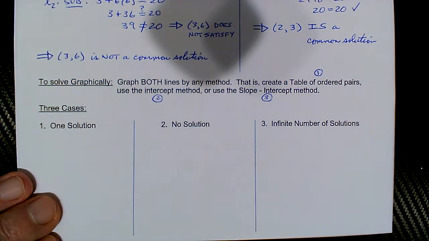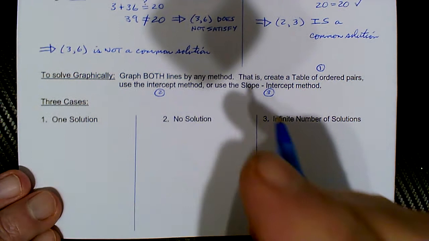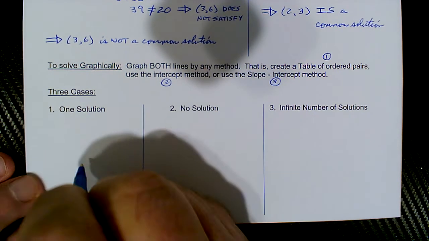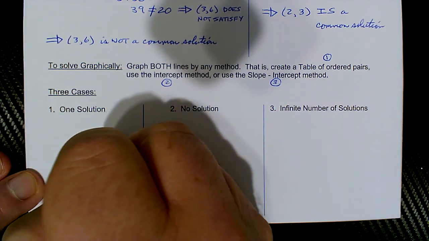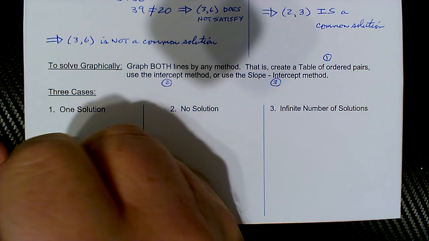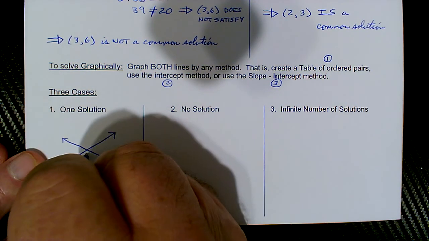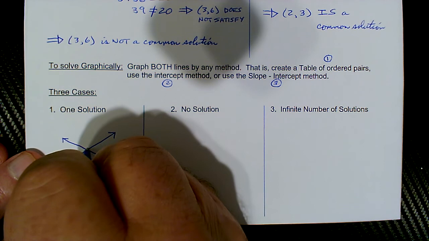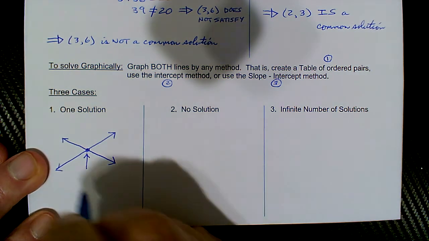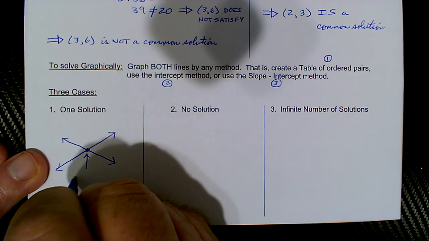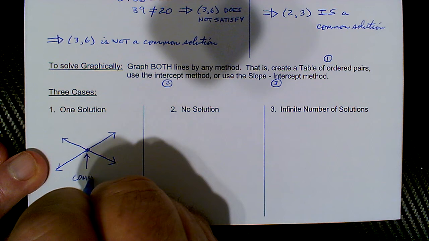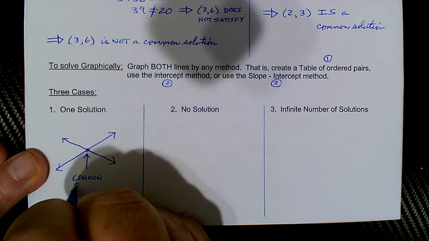You're not going to be told which method to use. But there are 3 cases we can come across. We'd have one solution where the lines intersect, and that's your ordered pair, the common solution, point of intersection.